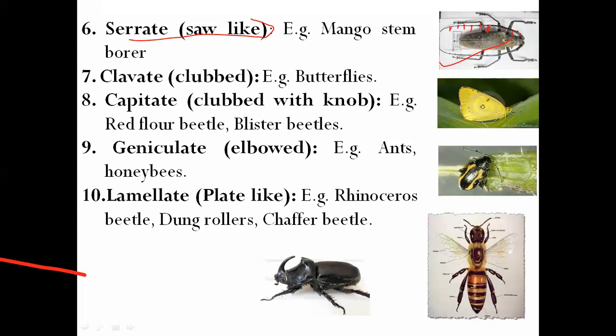Clavate means what? Clubbed shape. That is the example of butterfly.